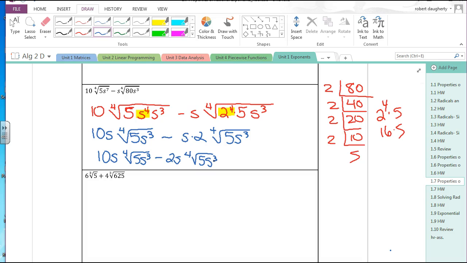So the answer is going to be 8s fourth root of 5s cubed. Okay. So this one, by simplifying the radicals, I see that I can actually combine by addition and subtraction because the expressions are equal.